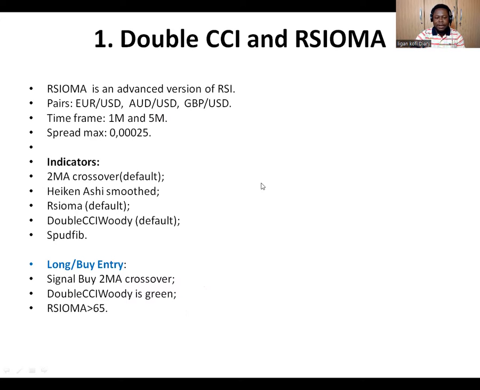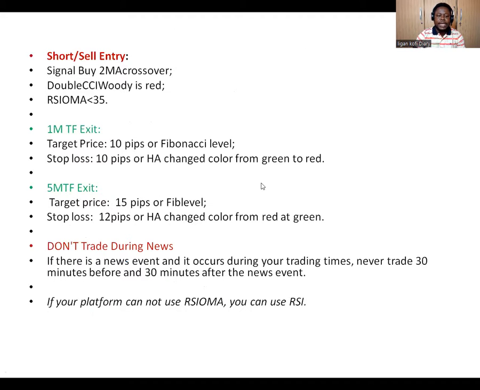Now, the next rule is for selling, a short or sell entry. When you have his tools on your MT4, make sure that before you take a sell entry, the 2 MA crossover gives you an indication to sell.